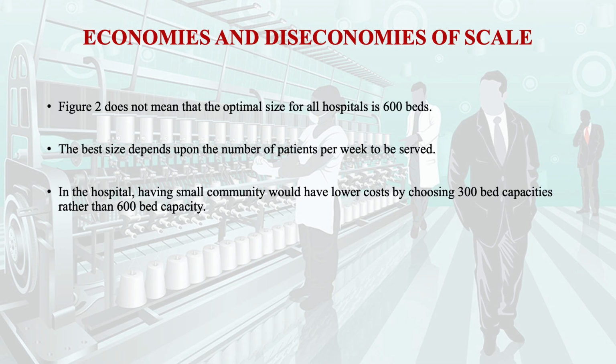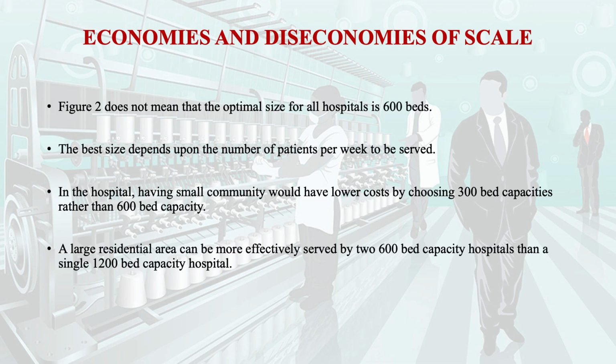A hospital in a small community would have lower cost by choosing 300 bed capacity rather than 600. A large residential area can be more effectively served by two 600 bed hospitals rather than a single 1200 bed hospital.